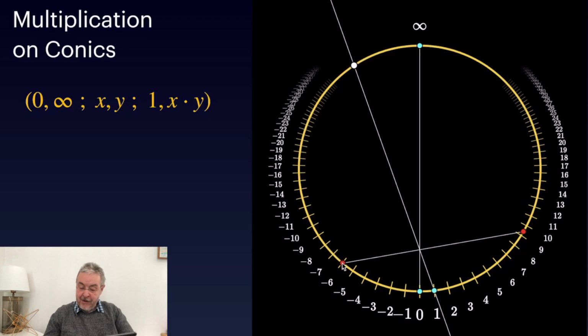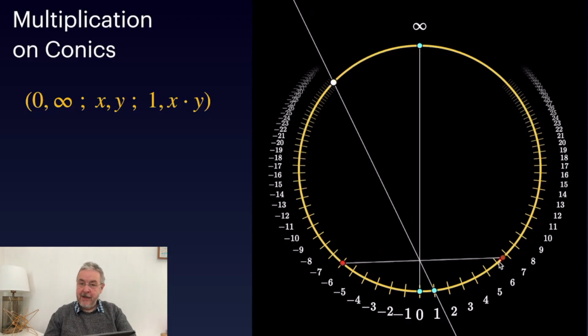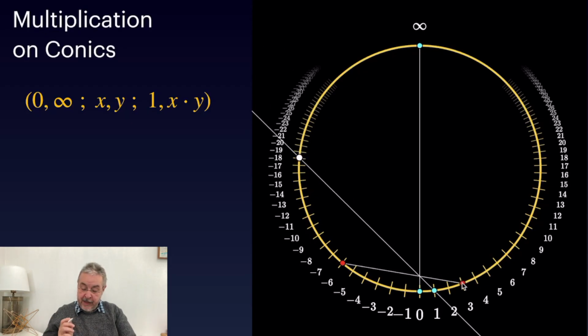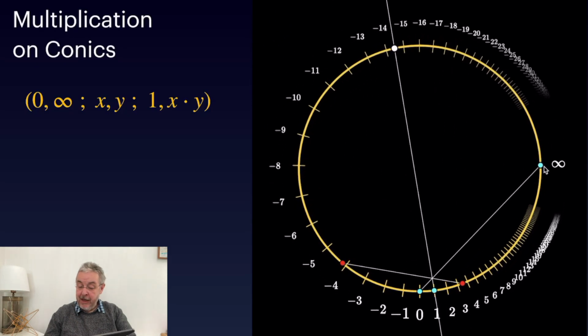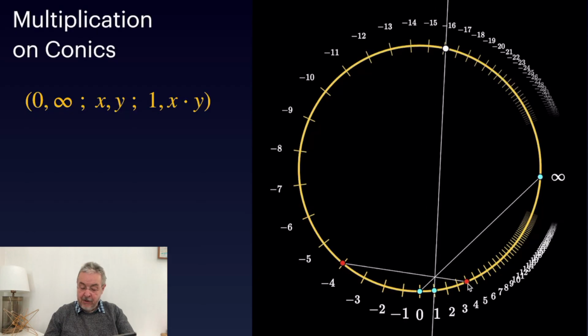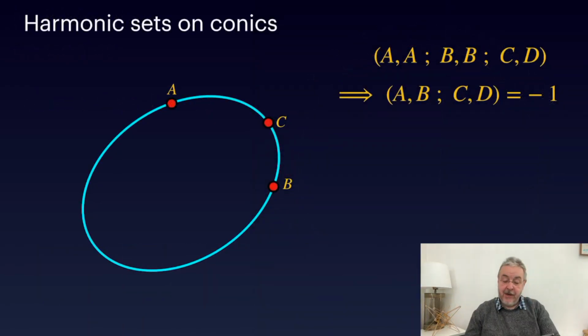So if you have a dynamic version of that, you can really calculate even with pretty high numbers. So here you see that -6 times 3 is -18. Well, you can even move around your point at infinity and get quite distorted images of what you have here. So this was one application.